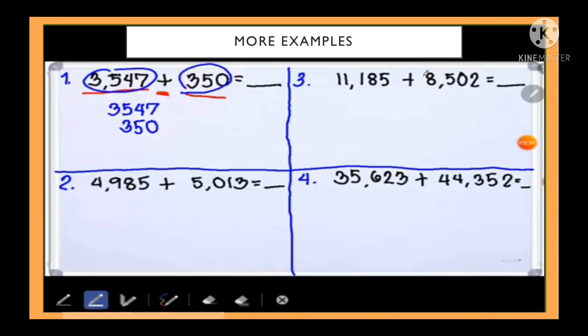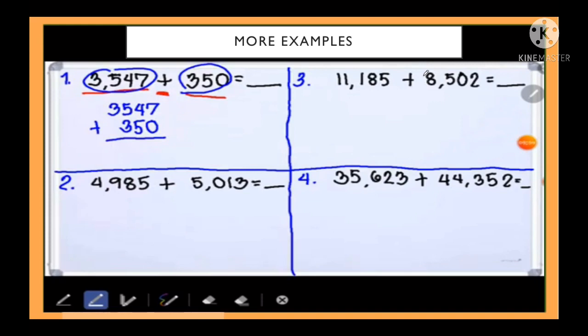Again, remember, you need to follow the place values, alright? Ones must be placed on ones place. Okay? That is our main rule. Okay, don't forget the symbol for plus or add and then the equal sign.